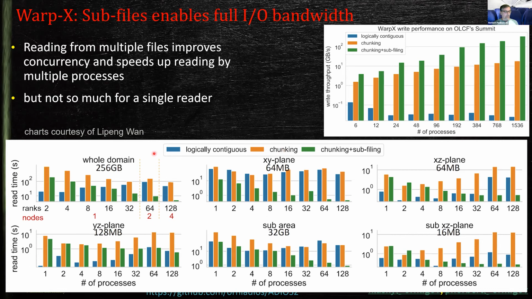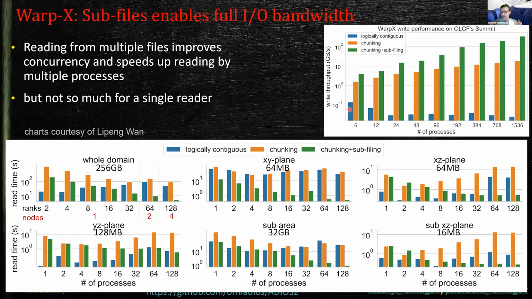And the thing is, the logically contiguous file format is superior in most of the cases. So the users would say, I just want to use this basic logically contiguous format because it's better if I use my scripts to read the data. The bad news is that the logically contiguous format is just not able to write out the data.